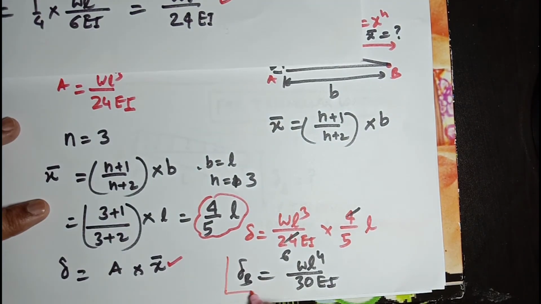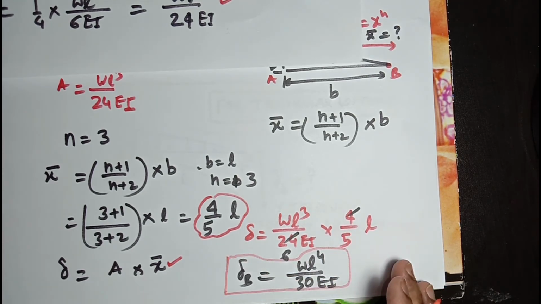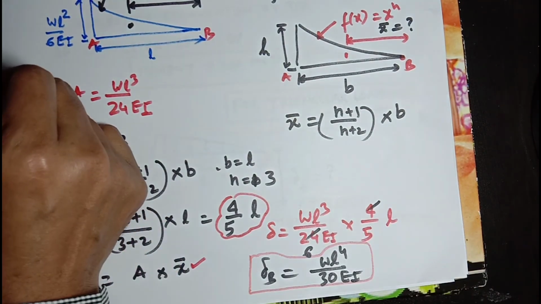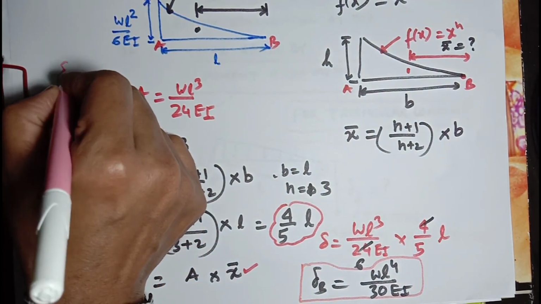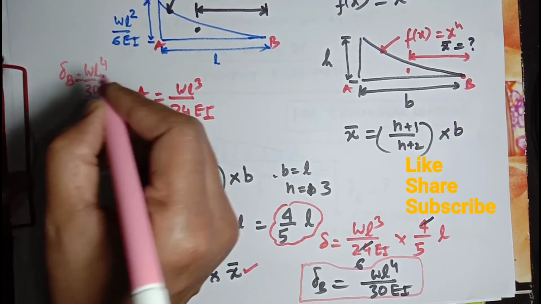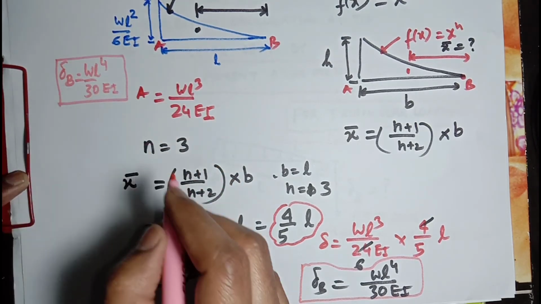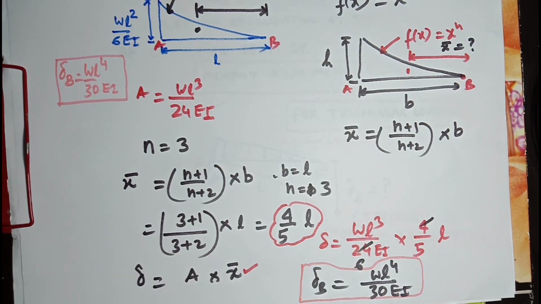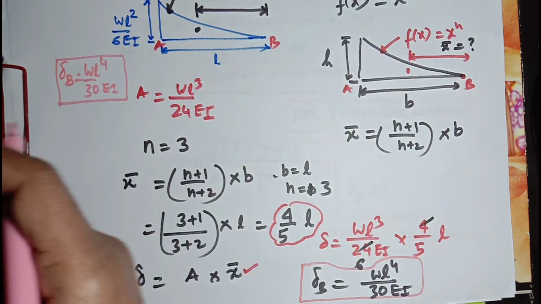This is the calculated value for delta B at point B for a cantilever beam which is subjected to triangular loading. So we can say delta B is wL to the power 4 divided by 30EI. The same deflection delta B at the tip of a beam subjected to linearly varying load, or triangular loading, we calculated using the unit load method, and the value was the same, wL to the power 4 divided by 30EI.